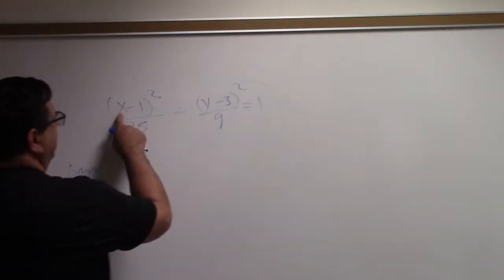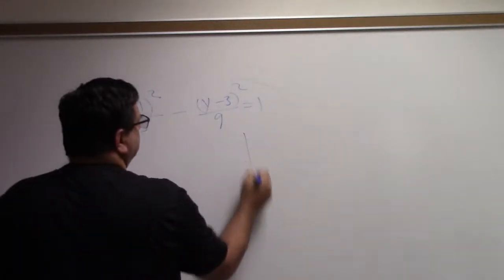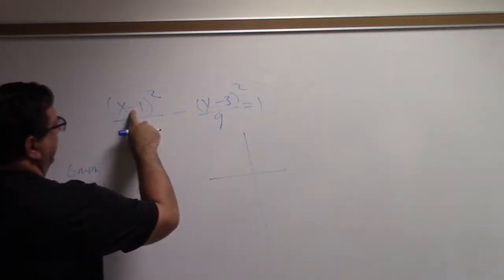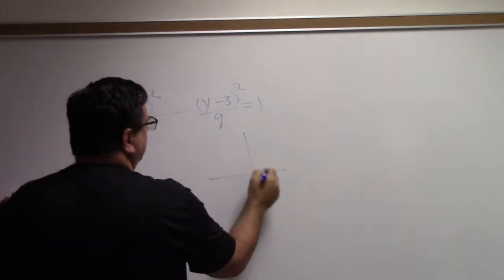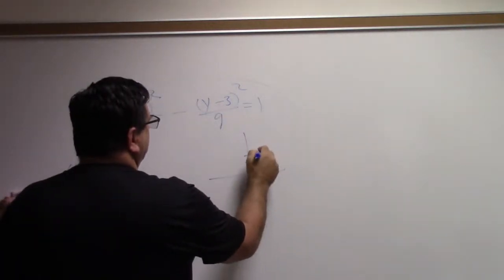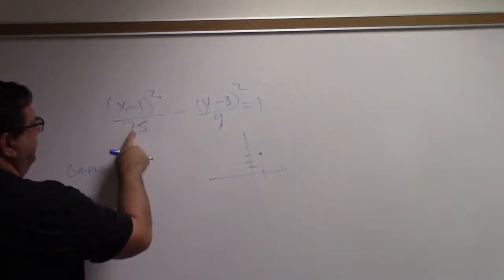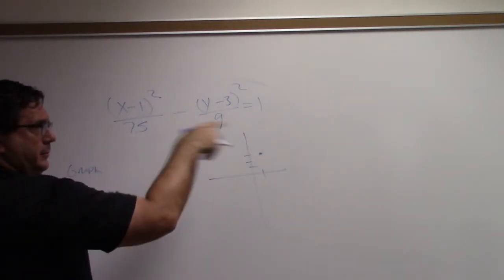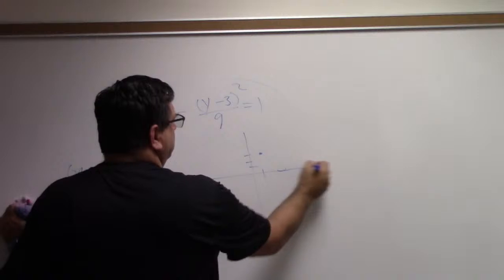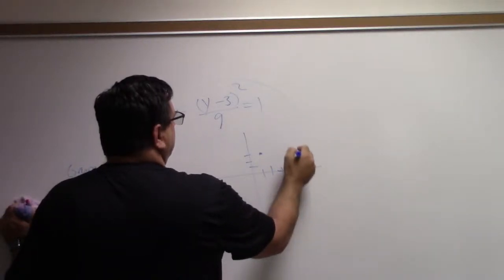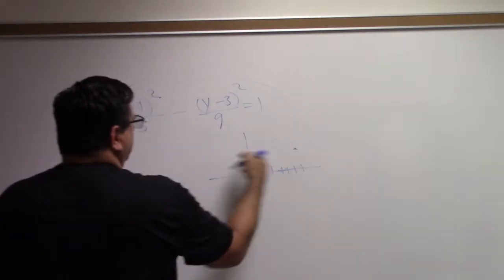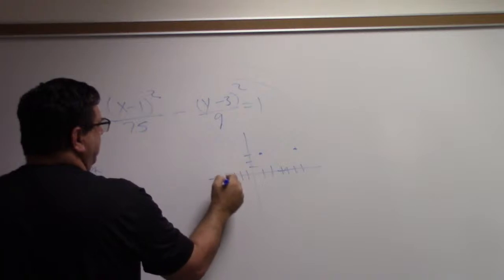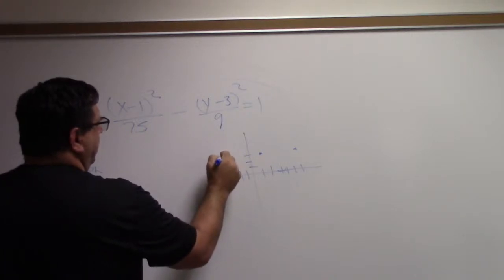So to graph this, the x comes first. We're going to shift right 1, up 3. Now we're going to go 5 horizontally. That's going to be a dot. 5 horizontally this way. That's going to be a dot.